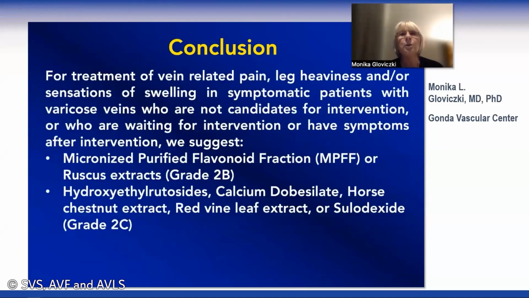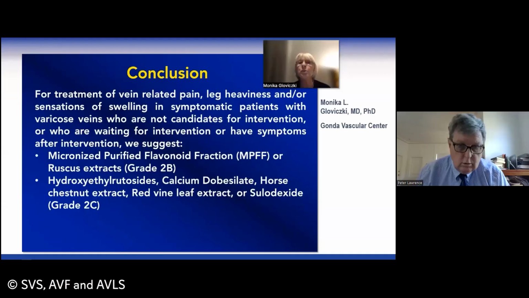So in our conclusion, for treatment of vein-related pain, leg heaviness, and/or sensation of swelling in symptomatic patients with varicose veins who are not candidates for intervention, or who are waiting for intervention, or have symptoms after intervention, we suggest micronized purified flavonoid fraction or Ruscus extracts with grade 2B evidence, and hydroxyethyl rutosides, calcium dobesilate, horse chestnut extract, red vine leaf extract or sulodexide with grade 2C evidence.